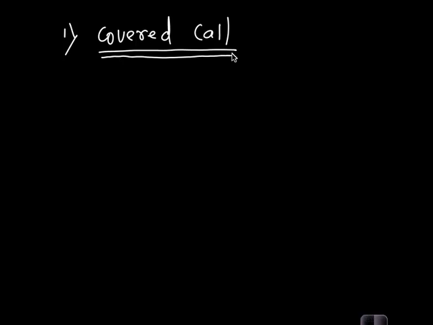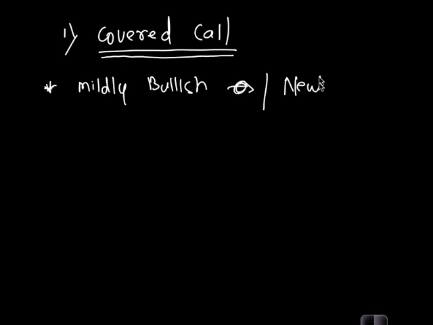You can just get the answer through simple logic. So covered call is used when you are mildly bullish or neutral on a stock. If you are mildly bullish or neutral on a stock, then the appropriate strategy is the covered call strategy.